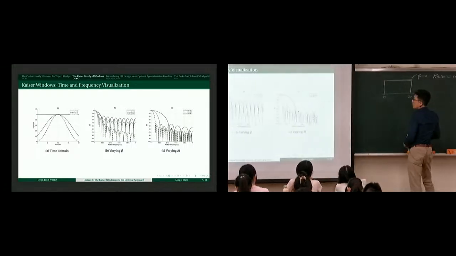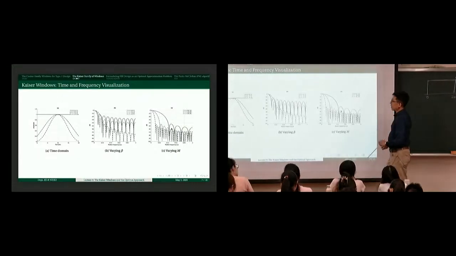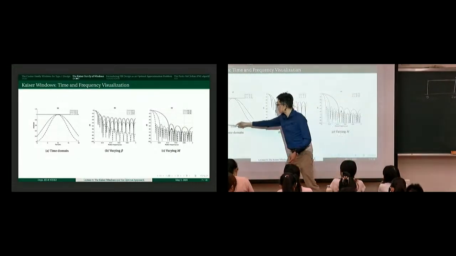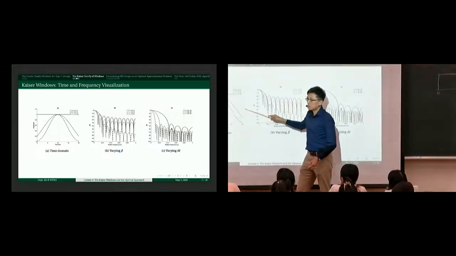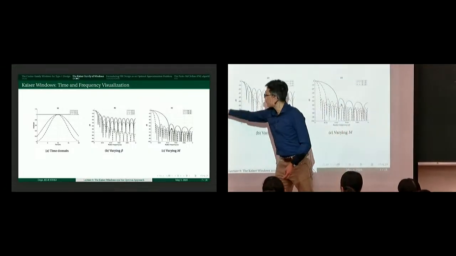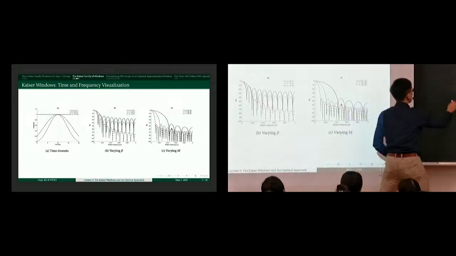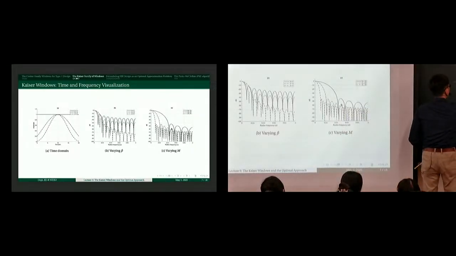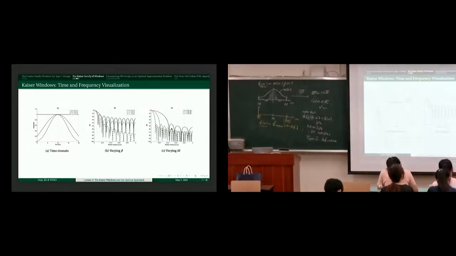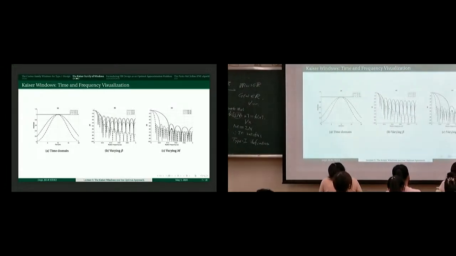But as we increase beta, this bell-shaped function becomes narrower. For beta equal to 3, it might look something like that. In the middle, when n equals 10, it approaches 1. Of course, this needs to be symmetric. And when we further increase beta, it looks like that. Is that clear?